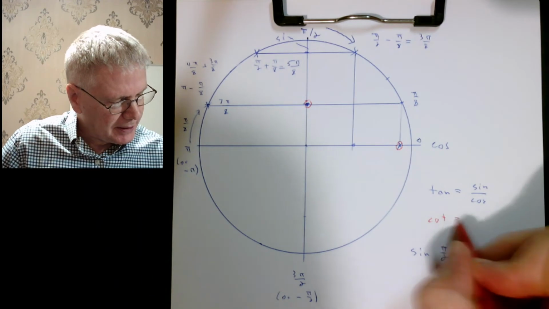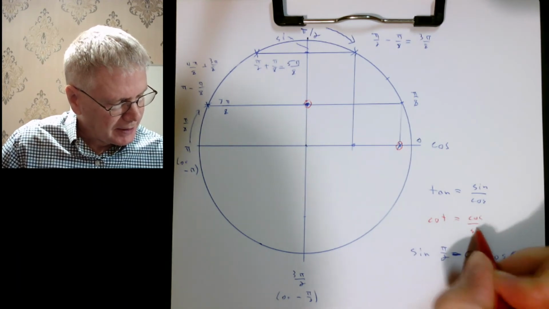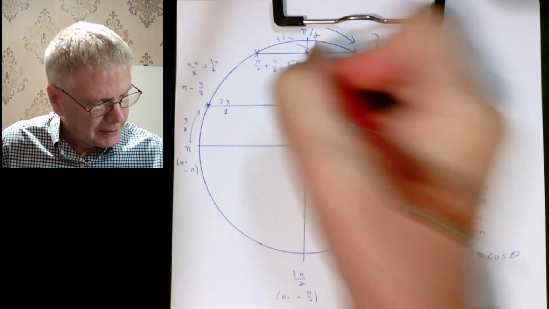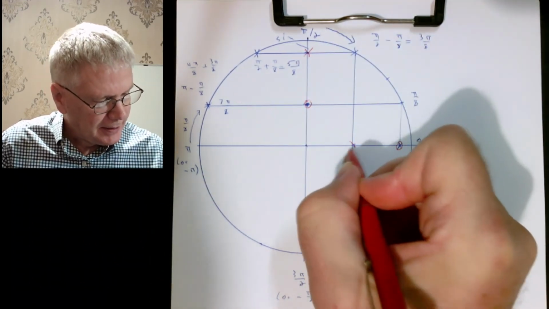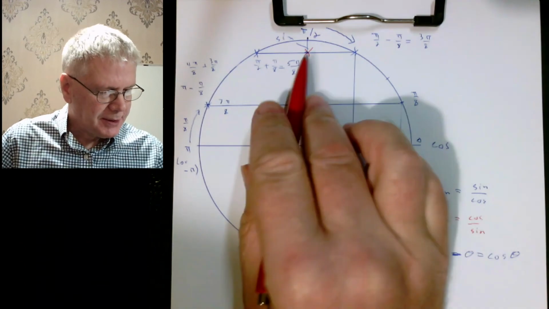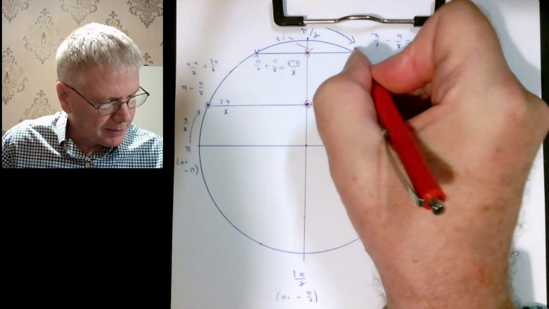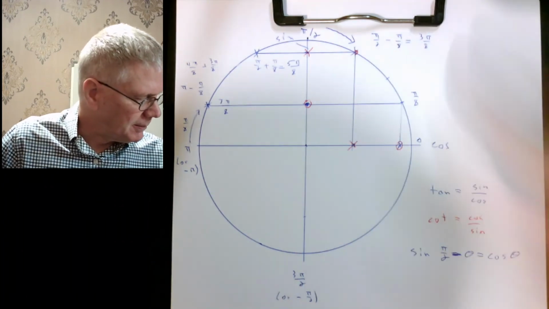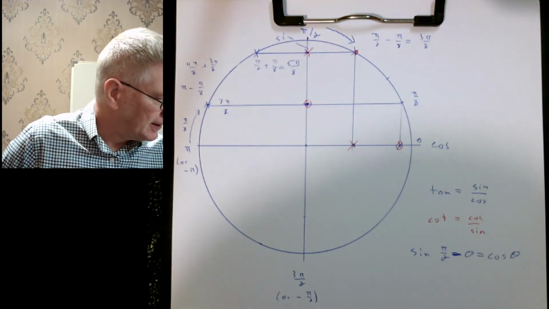Cotangent is cosine over sine. So I want this one divided by this one. This will be sine and this will be cosine, which happens up here at this point. So I get 3 pi over 8 again.